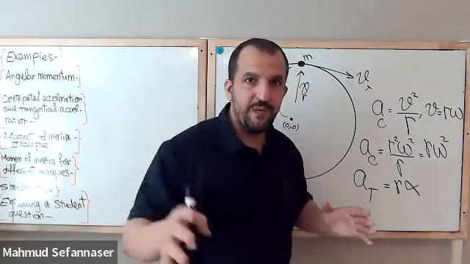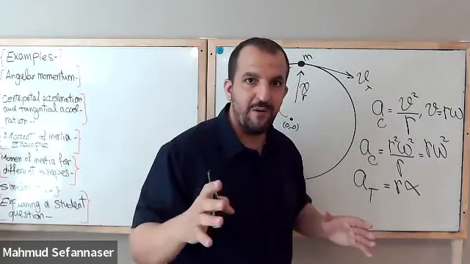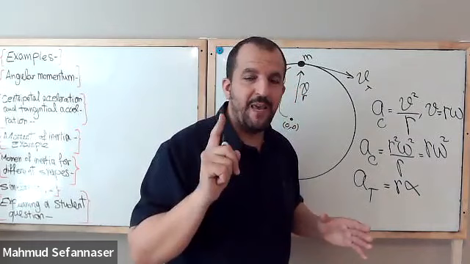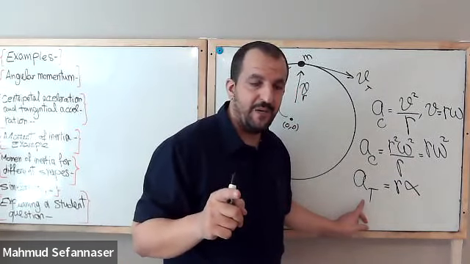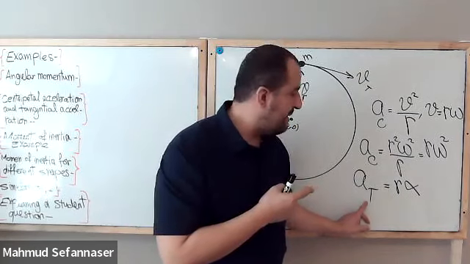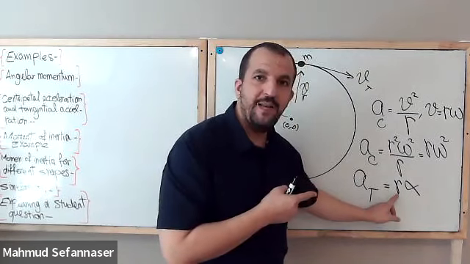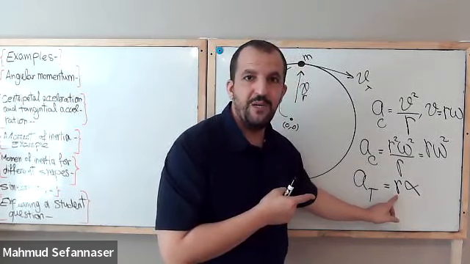Even though all of the particles have the same angular acceleration, they have different linear acceleration. So the linear acceleration is different because each one of these objects has a different position vector.